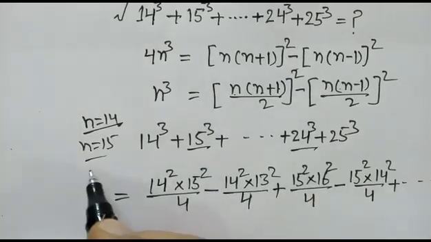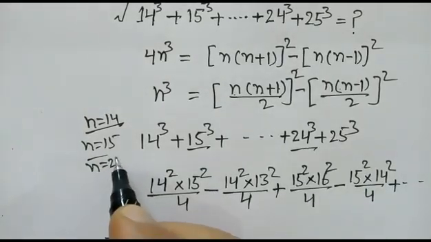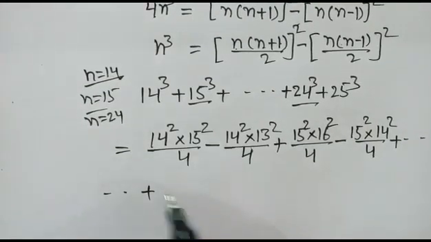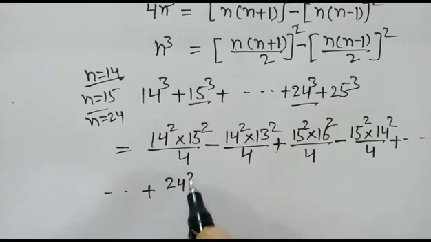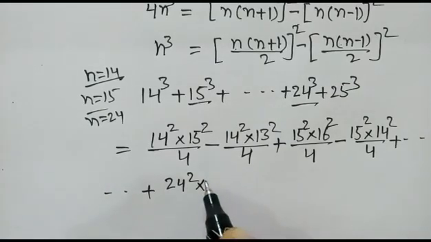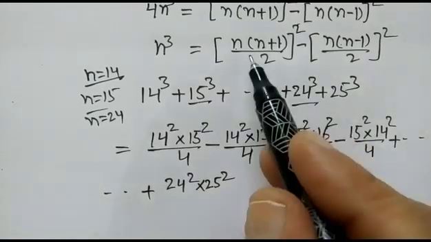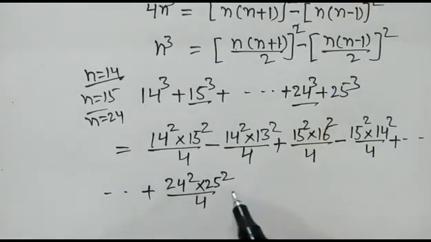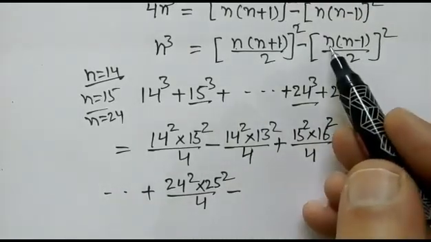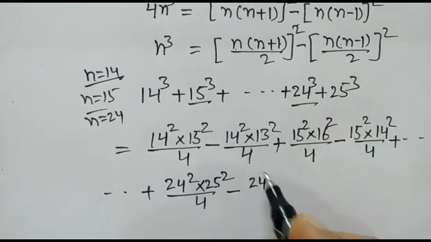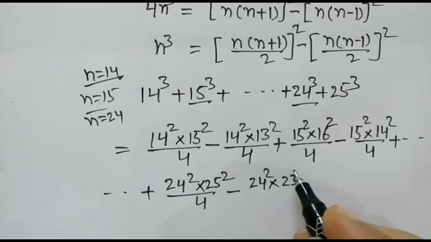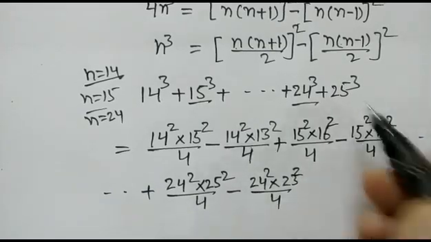Now we take n equal to 24. So 24 square into 25 square over 4, minus 24 square into 23 square over 4.